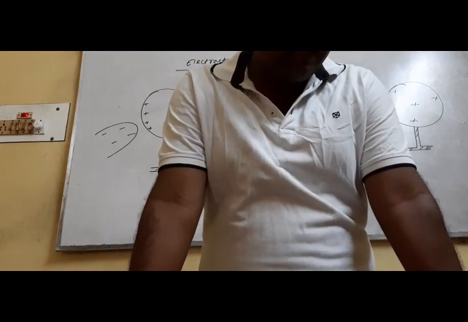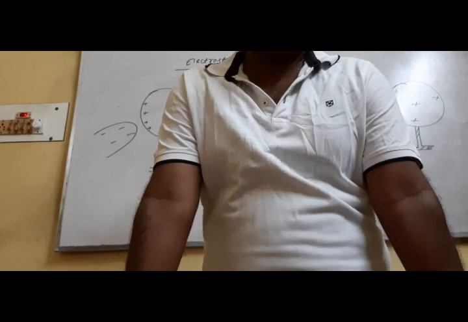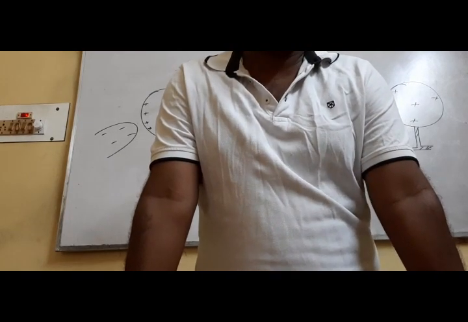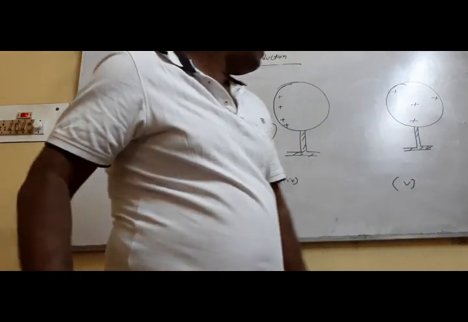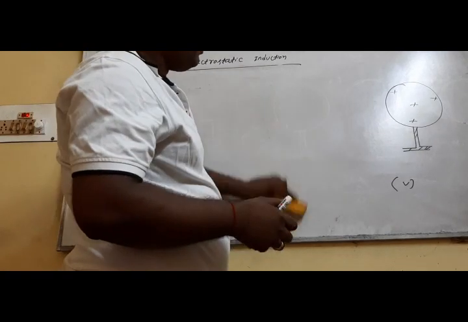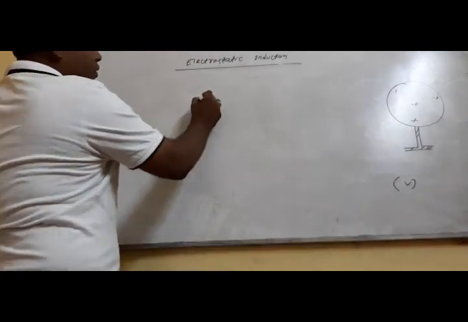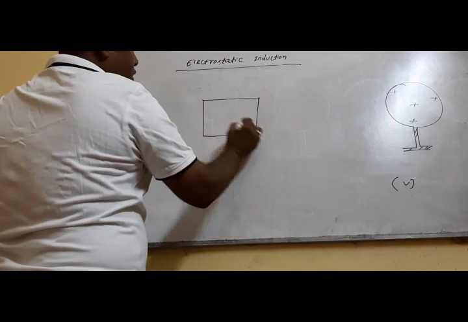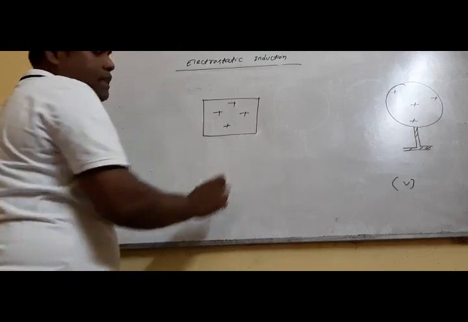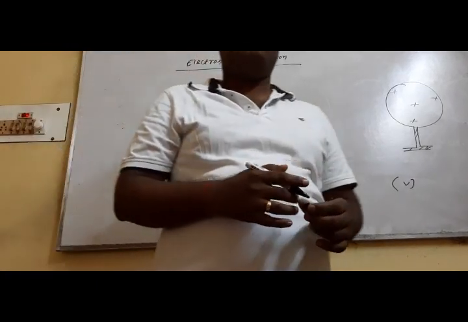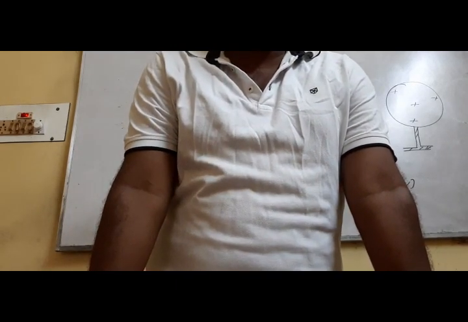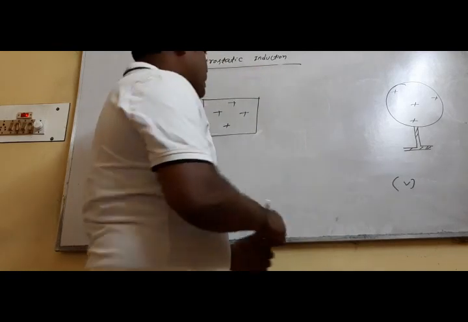So here the question arises: how can charges be eliminated by the method of earthing? Suppose it is a positively charged body. Positive charge means a deficit of electrons. Negative charge means an excess of electrons.